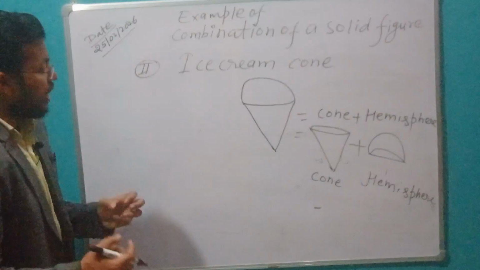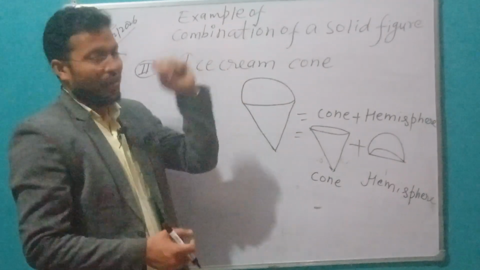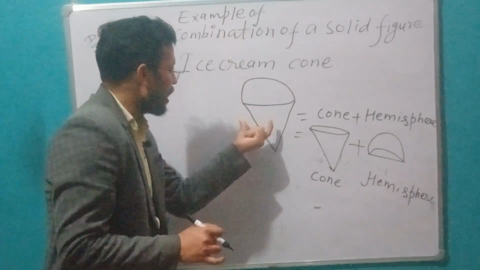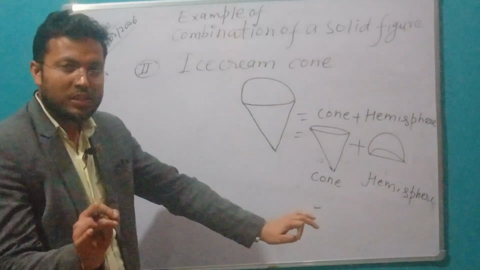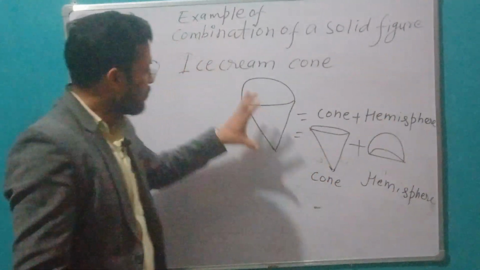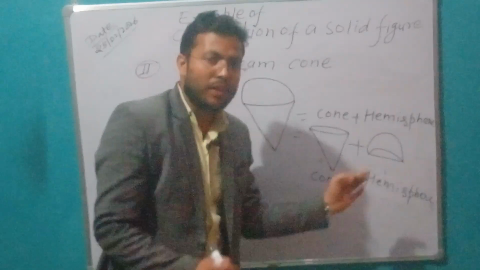Sir, how to find the volume of this figure? How to find the volume of an ice cream cone? First of all, you know that this figure is made up of two basic solid figures, cone and hemisphere. To find the volume of this figure, you find the volume of the cone and the hemisphere. After that, you add them.